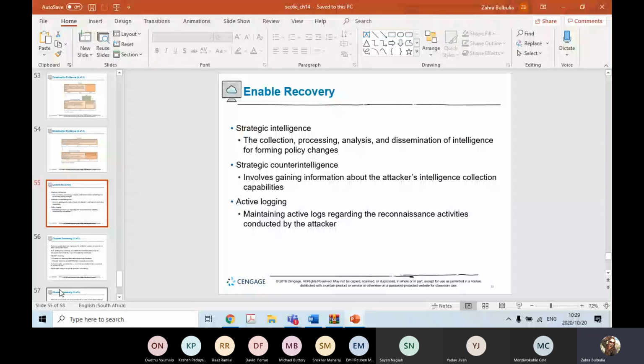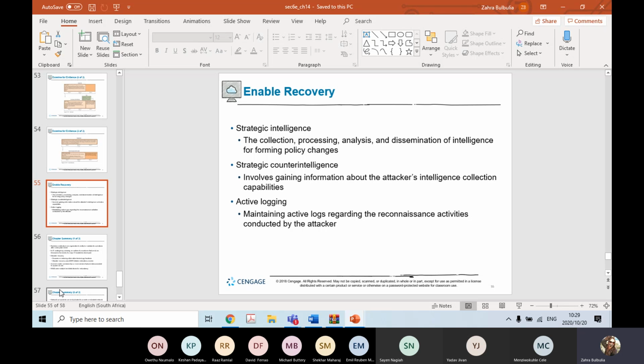To enable recovery, we need strategic intelligence, which is the collection, processing, analyzing, and disseminating of intelligence for forming policy changes. Strategic counterintelligence involves gaining information about the attacker's intelligence collection activities, which is basically how they got into your system.